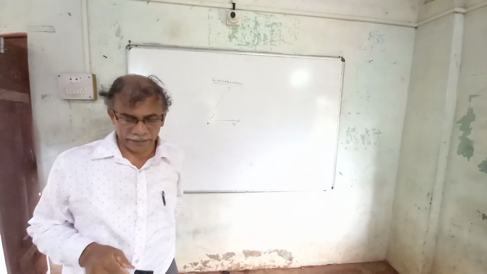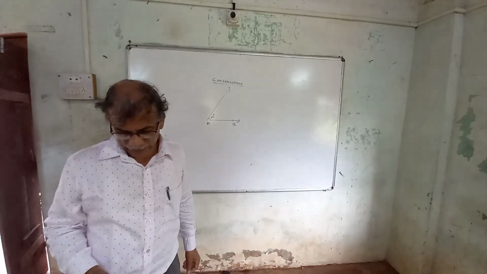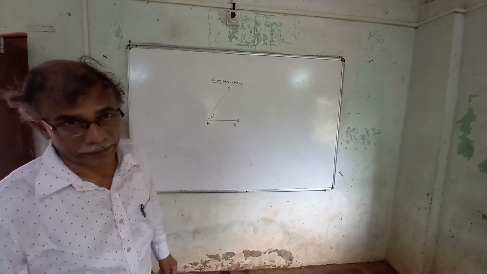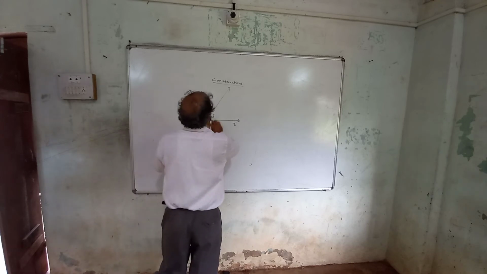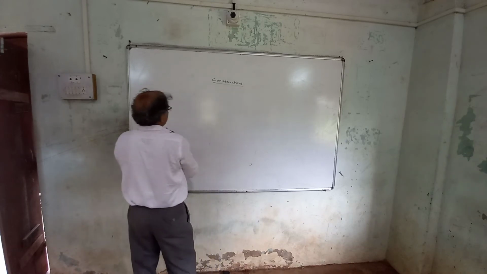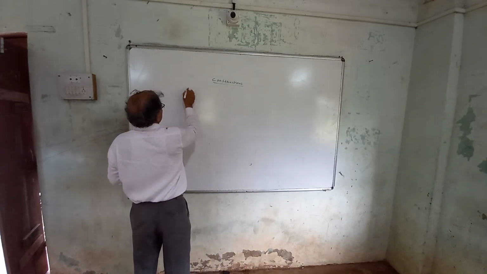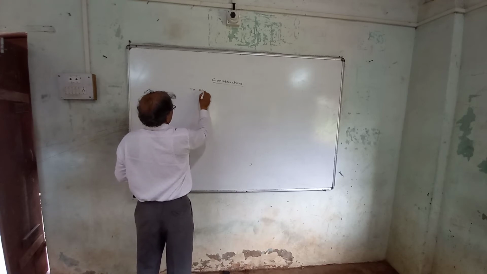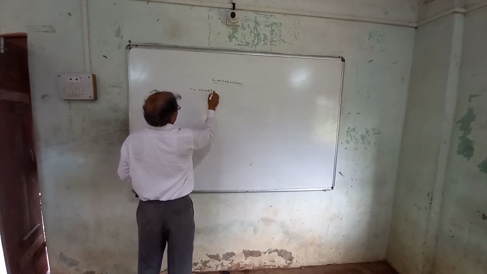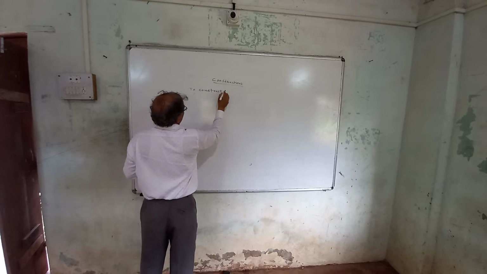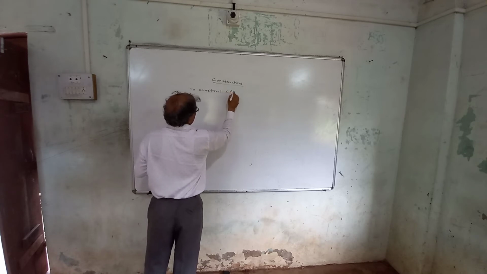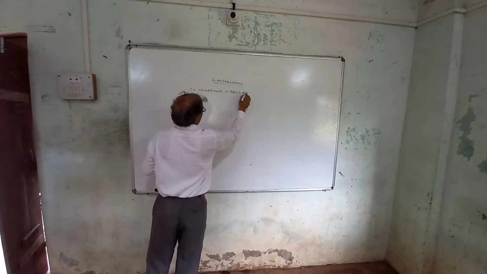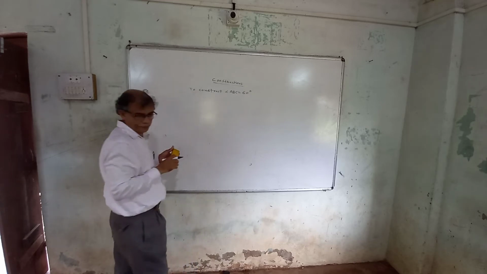Without taking a protractor, we can construct an angle of 60 degrees. Now how do you construct the angle of 60 degrees? To construct angle ABC equal to 60 degrees.